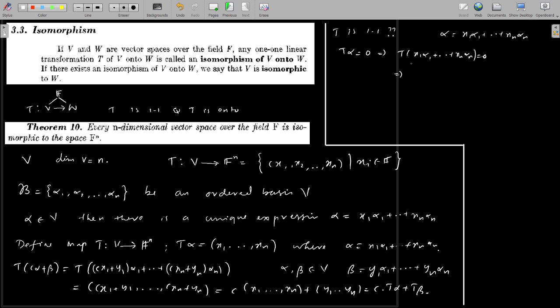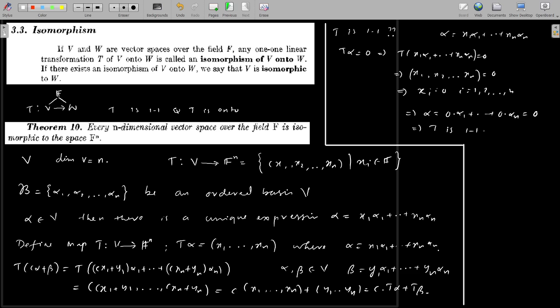This implies, what is the image of this? That is (x1, x2, etc., xn) equal to 0, the zero n-tuple in Fn, such that xi equal to 0 for i equal to 1, 2, 3, etc., n. Consequently, what is alpha? Alpha is 0 times alpha 1 plus etc. plus 0 times alpha n equal to 0, that implies alpha equal to 0, that is, T is 1-1.